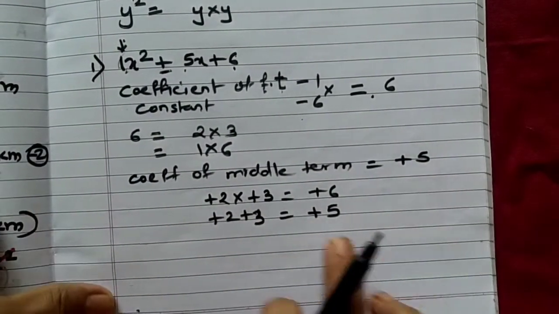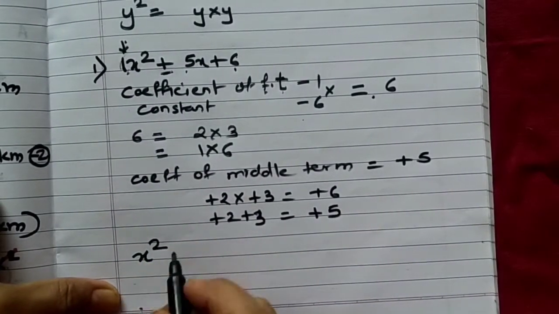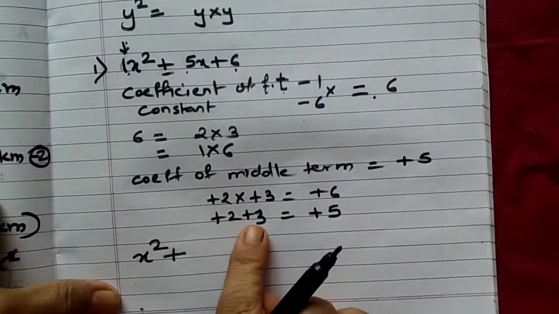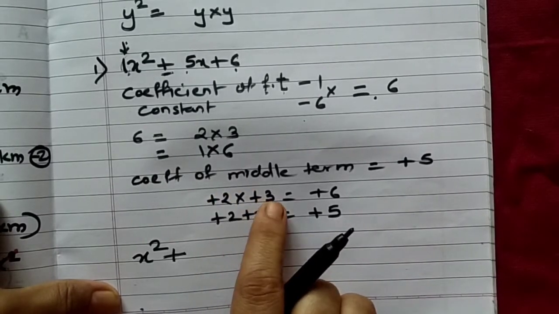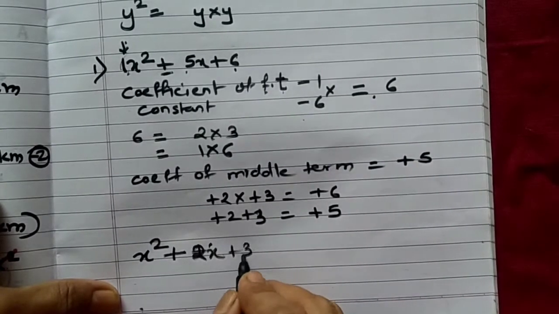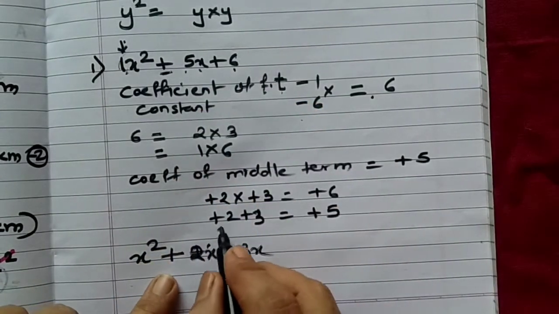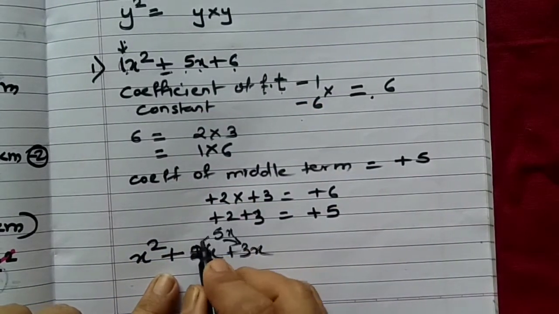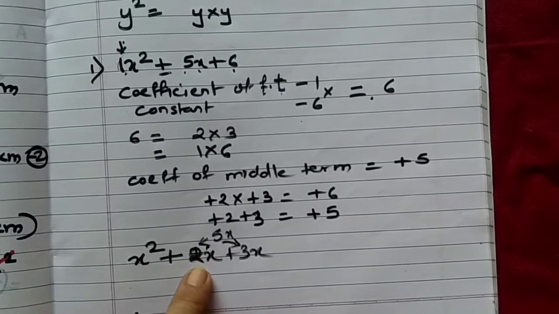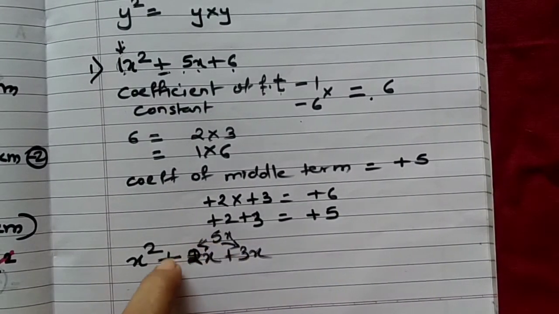Now how to write that? Always we'll write the first term as it is, that is x square. Then put the sign. These are the two factors, plus 2 and plus 3. So we'll write plus 2x plus 3x. Instead of 5x, I have divided that 5x into two parts, 2x and 3x. 2x plus 3x will give me 5x, correct?